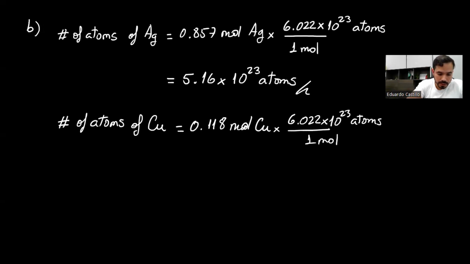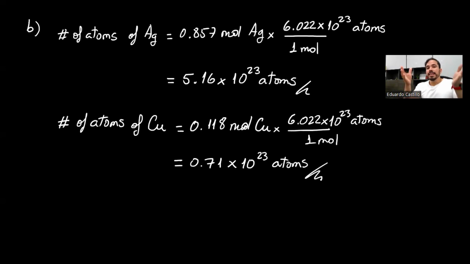So that is 0.118 times 6.022. So we have a total of 0.71 times 10 to the 23 atoms. So within this spoon that weighs 100 grams, we have 5.16 times 10 to the 23 atoms of silver and 0.71 times 10 to the 23 atoms of copper.